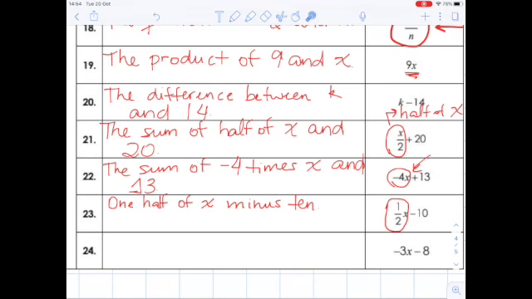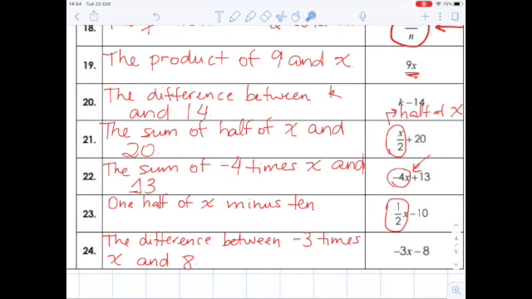And finally, number 24, I have negative 3x minus 8. I could write this in several different ways. I'm going to say the difference between negative 3 times x and 8.